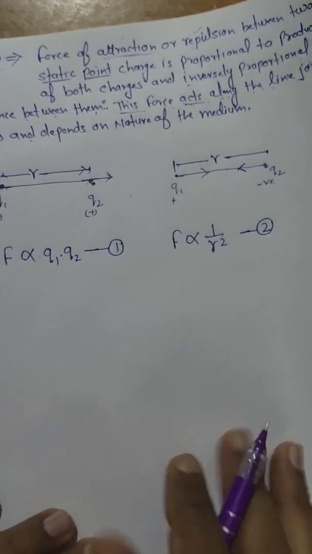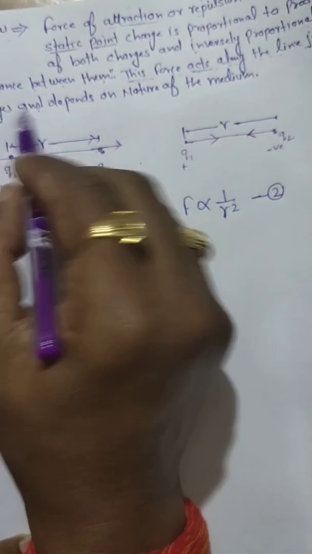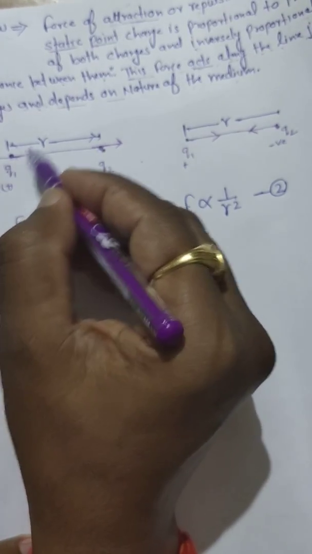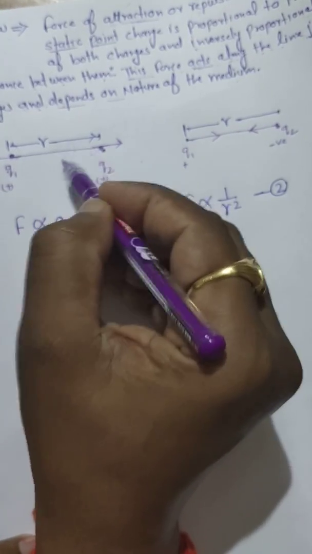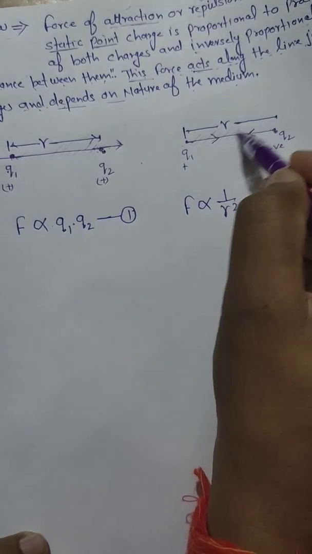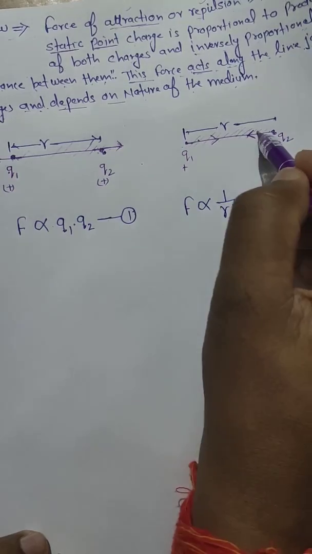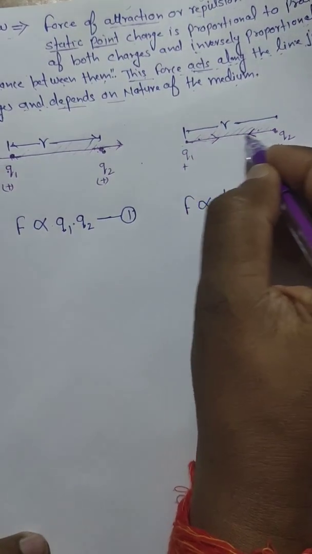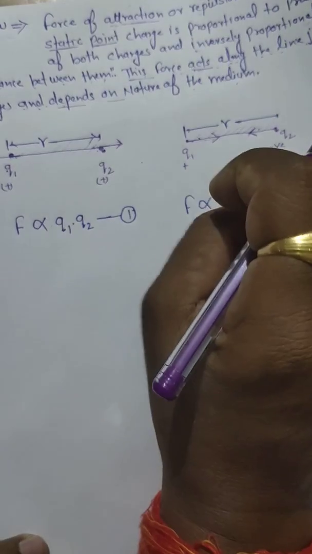Okay, now the next point: it depends on the nature of the medium. Suppose the medium between two charges is air or vacuum. When we change the medium between the two charges to water or any other dielectric medium, the magnitude of the force changes.